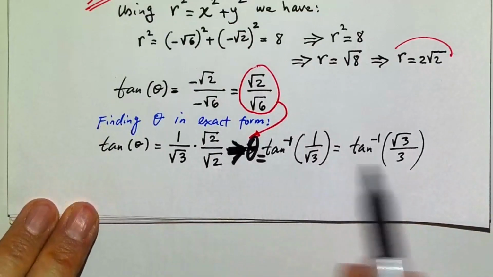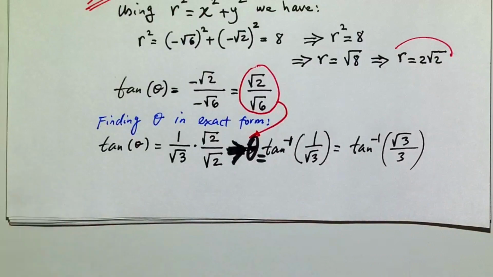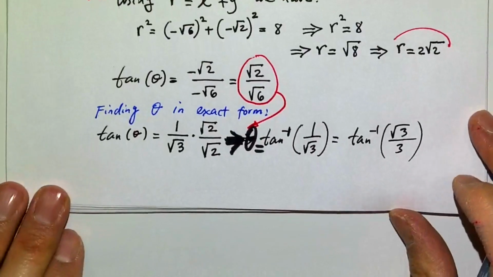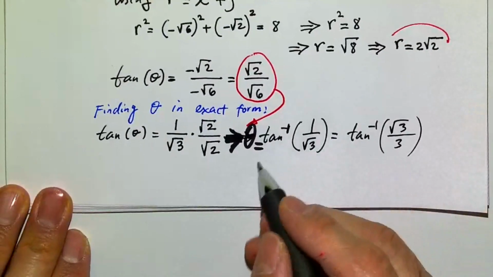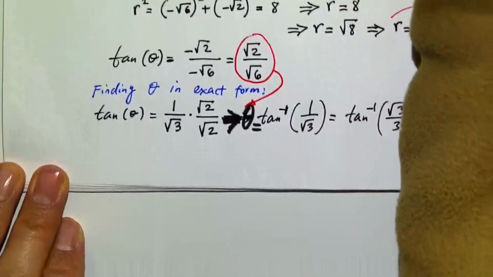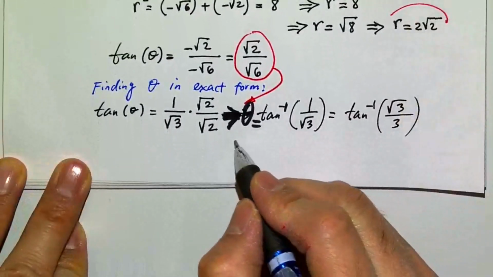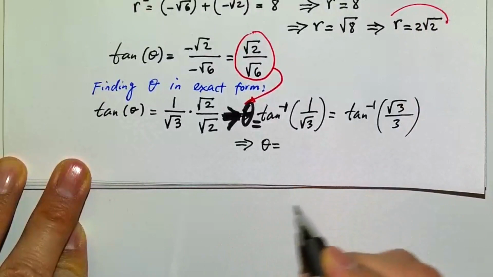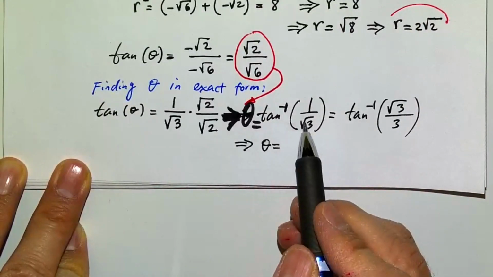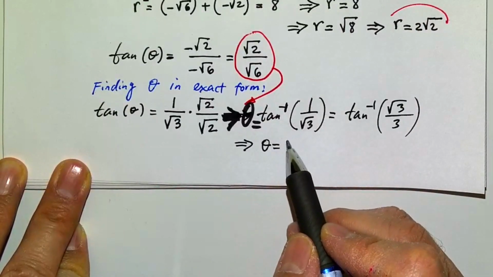From this, we can write that for theta. And therefore, theta is equal to, in this situation, pi over 6.